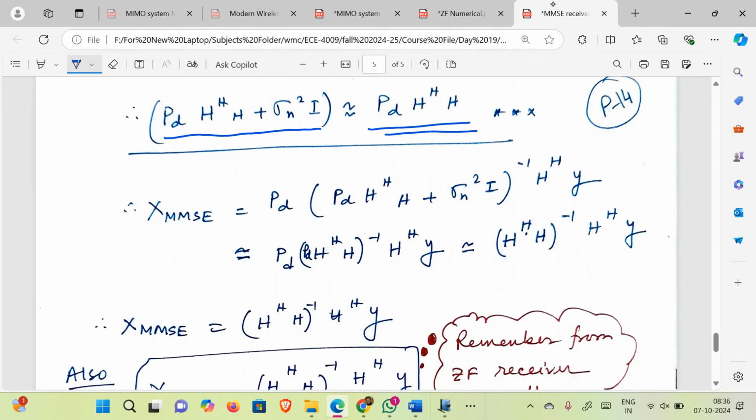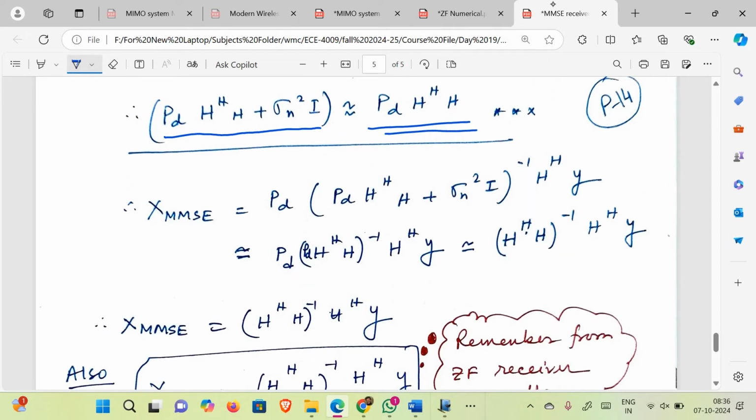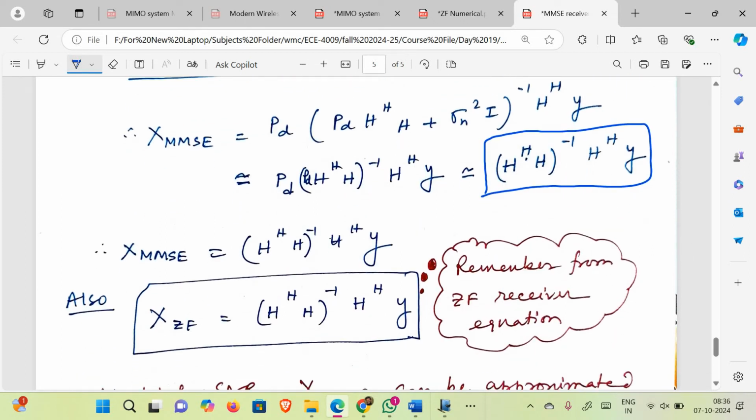If you substitute over here, you are getting an expression which looks very similar, and this is nothing but the zero forcing equation. You can see here, it is absolutely similar. Although you are calculating X MMSE, when you derive the equation it approximately comes back to almost a zero forcing receiver.